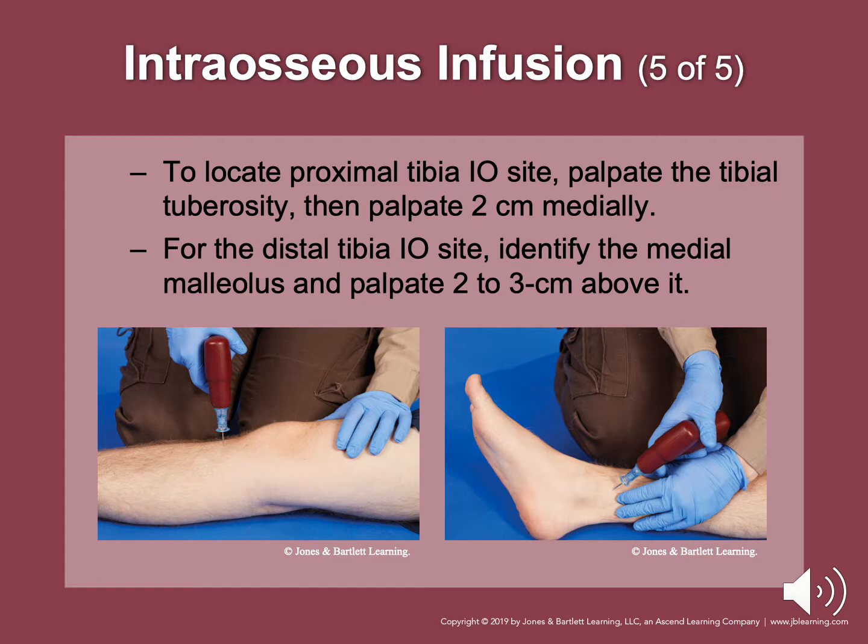Several options are available for use. Manual insertion consists of a solid boring needle, a trocar inserted through a sharpened hollow needle. You've got the FAST1, the EZ-IO, bone injection guns, the BIG, and also the NIO devices. You need to become familiar with the device that you're using, particularly in your service.